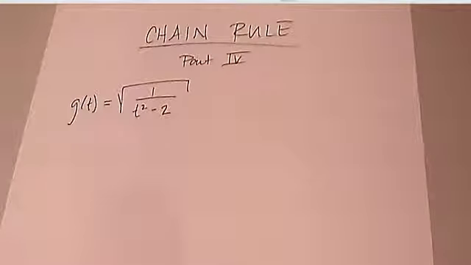Okay. Now, that is a quotient inside of a radical. Now, I've already told you that radical functions are power functions in disguise. I've told you that reciprocal functions are power functions in disguise. This is just a reciprocal radical function, okay?